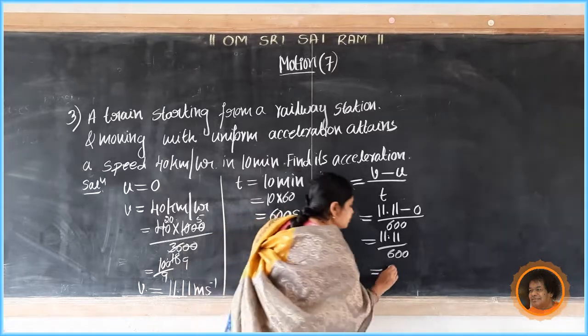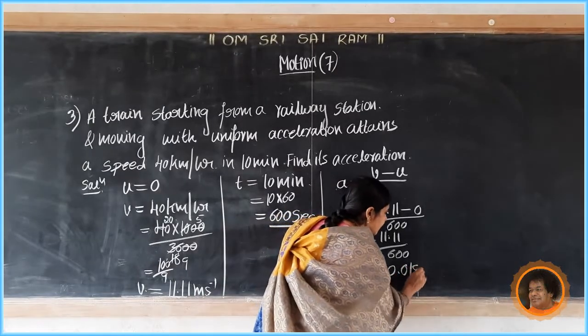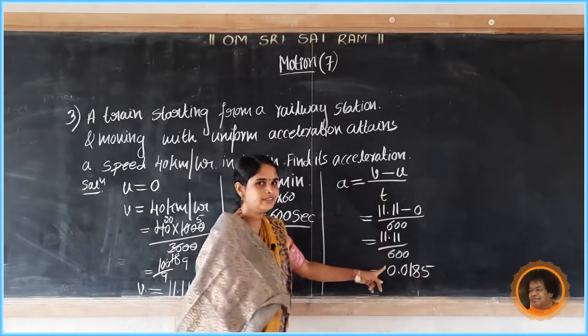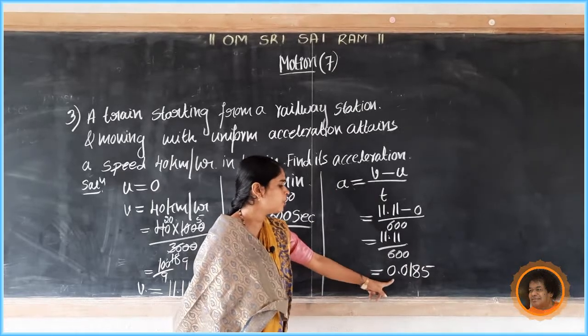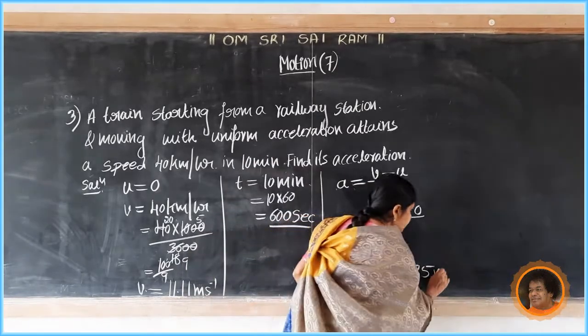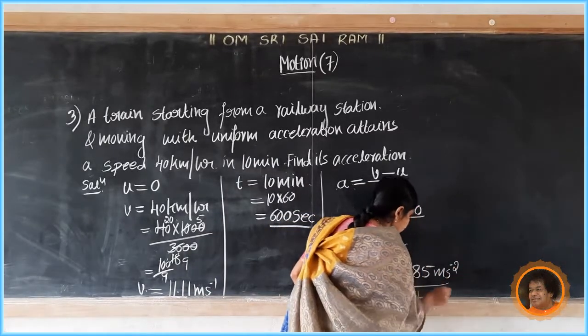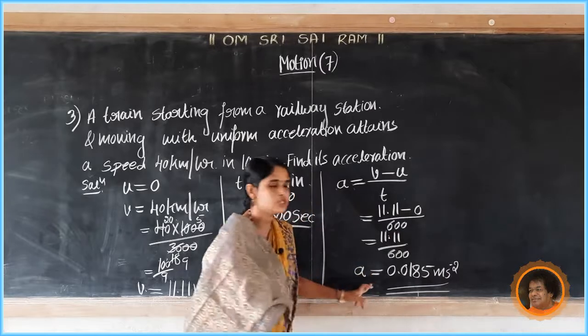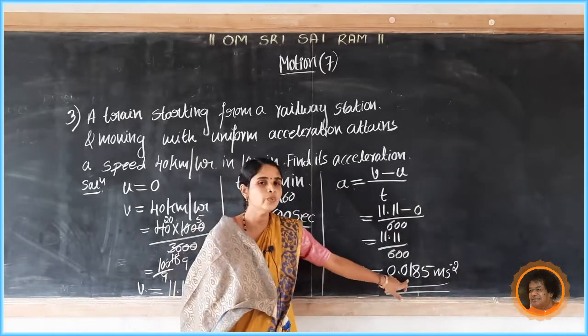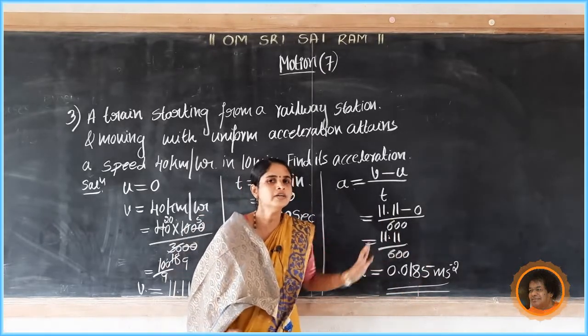Its value is 0.0185. So acceleration A equals 0.0185 meter per second square.